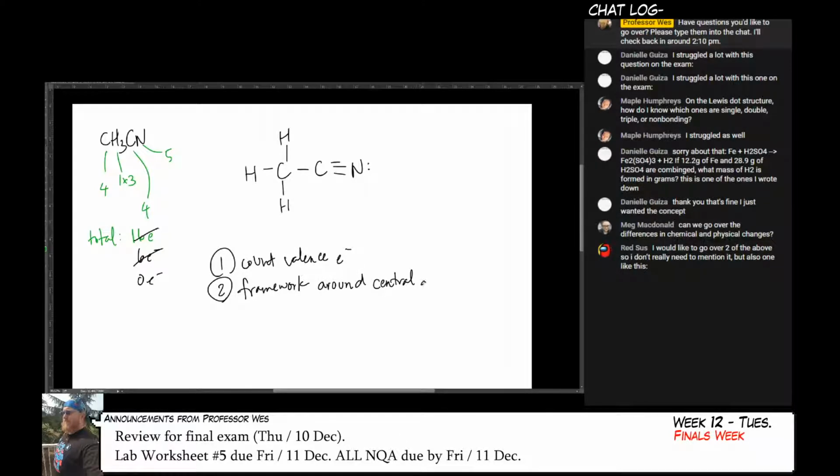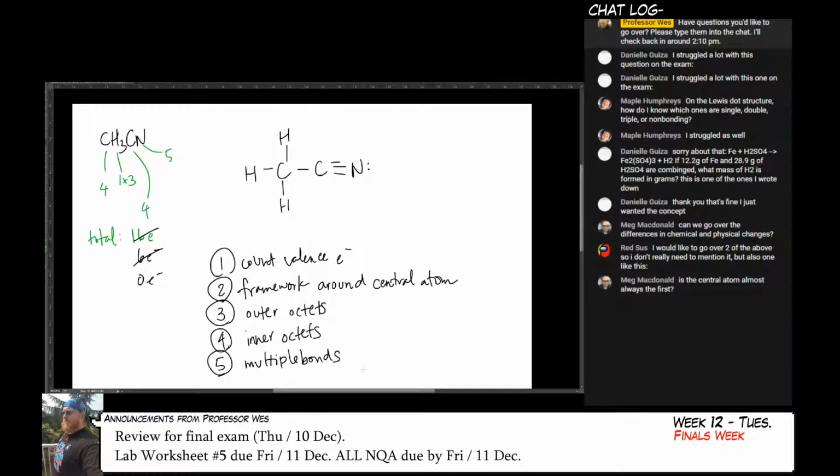Central atom. And then you want to get octets on the outer atoms first. And then put leftover electrons on the inner atoms to give them an octet. And then finally, you want to do multiple bonds to satisfy any octets that are left over.